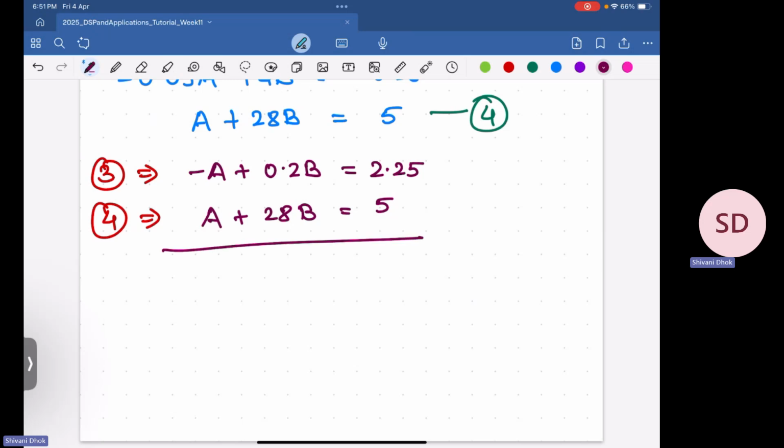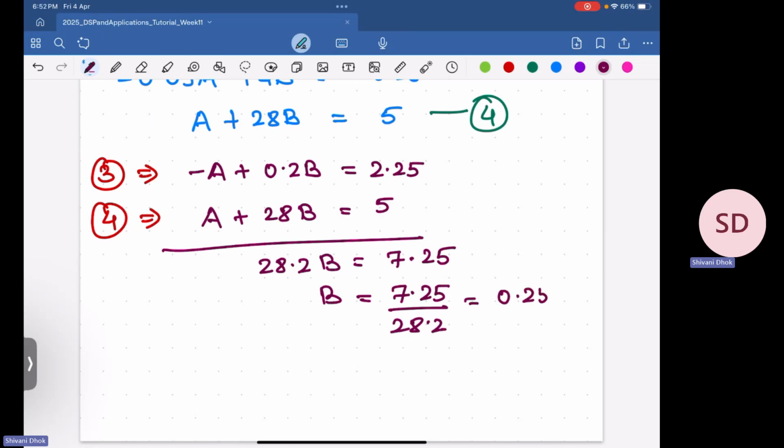Now if I simplify this by adding, we get 28.2b is equal to 7.25, which means that b comes out to be equal to 7.25 divided by 28.2. If you use your calculators, this comes out to be equal to 0.257.